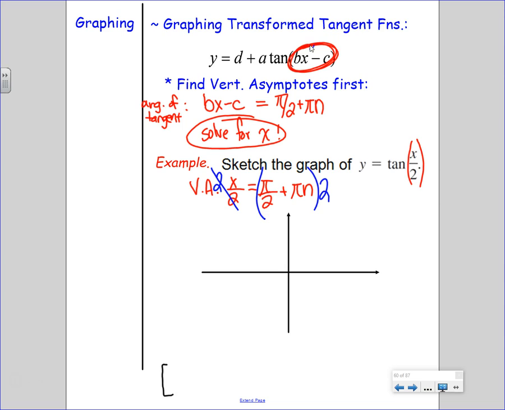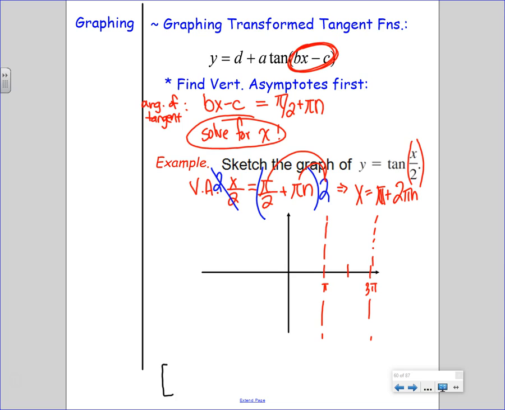We're going to distribute that 2, and we end up with x equal to pi plus 2 pi n. Which means, starting at pi and going 2 pi away, we're going to have our vertical asymptotes.